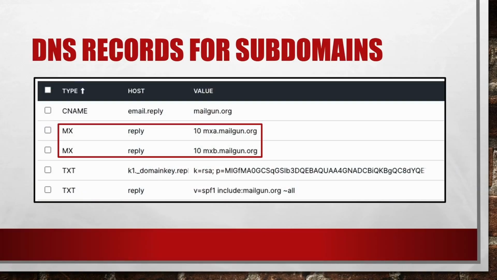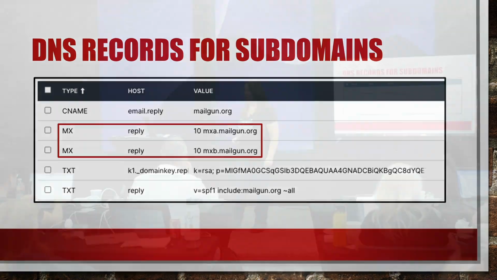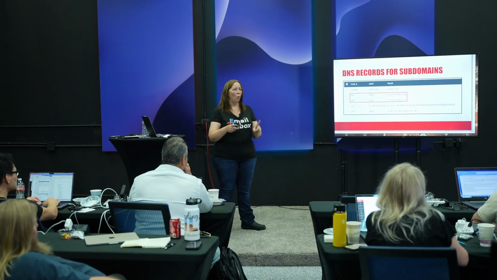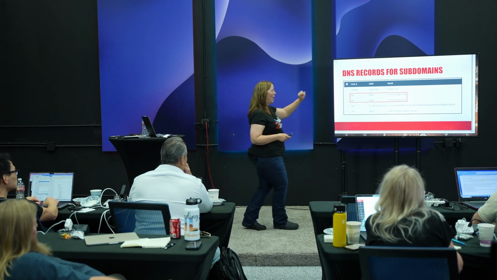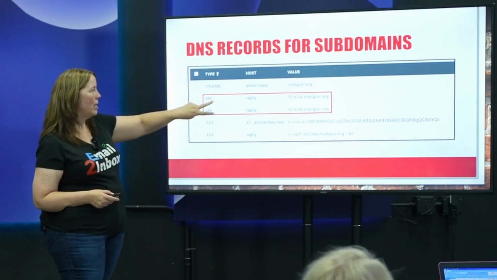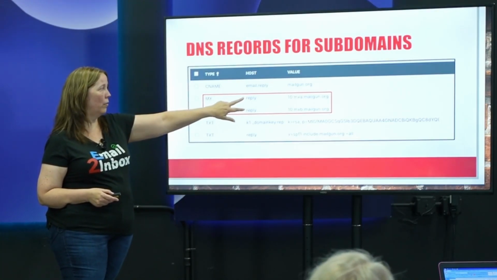DNS records for subdomains. These are the MX records for one of my subdomains, reply dot whatever the subdomain was. And you can see that Mailgun provided 2 MX records for that. Remember I said you can have 1 set of MX records per domain or subdomain. So I have the 5 MX records I showed you previously for the root domain, and I have these 2 MX records just for this subdomain.